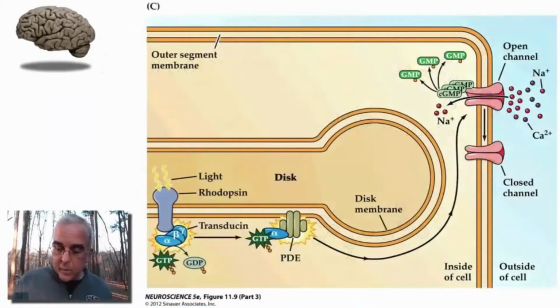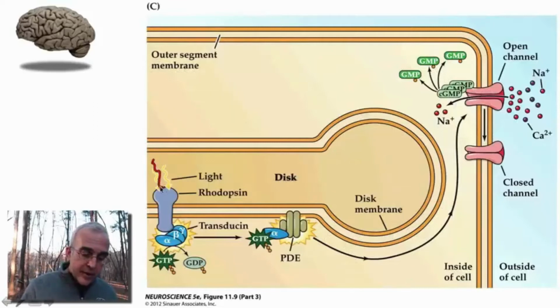So with that in mind, here is light striking our photopigment, and the twist that we see in that retinal molecule leads to the activation of a set of G proteins that are affiliated with that opsin.